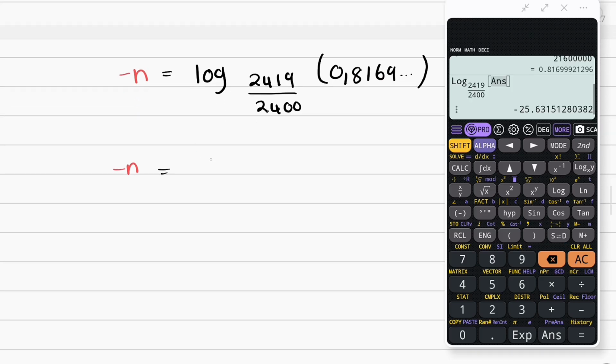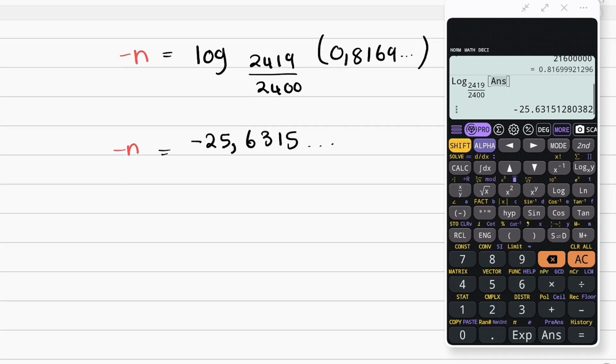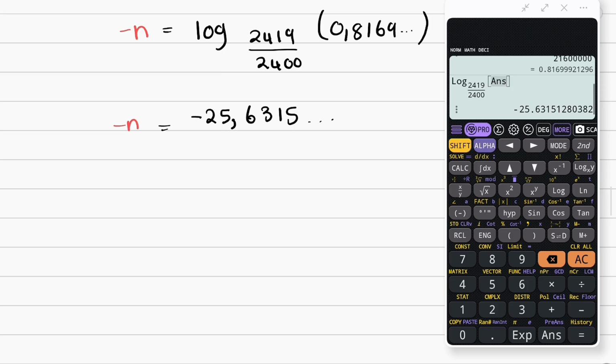Do you see what we have? We have negative 25.6315. And of course that continues, but then just multiply this by negative 1 so that you can get it to be positive. So n is finally equal to positive 25.6315. That keeps going.